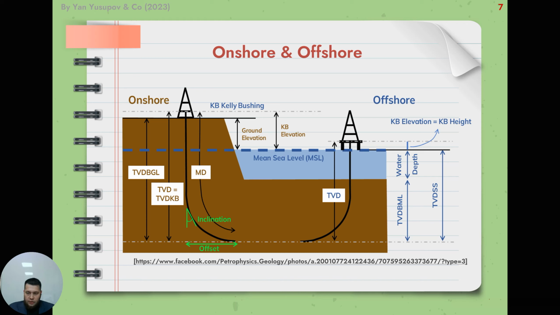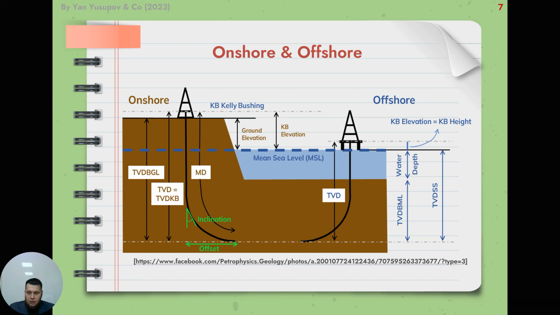And for offshore, this is the Kelly bushing elevation, the distance from Kelly bushing to mean sea level. Mean sea level in this case is the seabed surface. True vertical depth is the vertical distance from Z to Kelly bushing. Water depth is bathymetry.